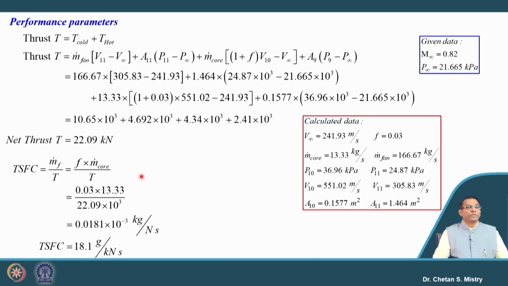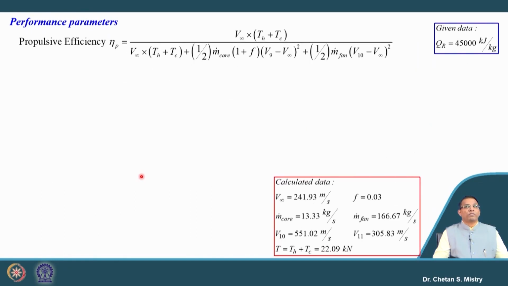Once we have our thrust and thrust specific fuel consumption, our next target parameters are the efficiency components. We are interested in propulsive efficiency, thermal efficiency, and overall efficiency. Let us do the calculation for that.